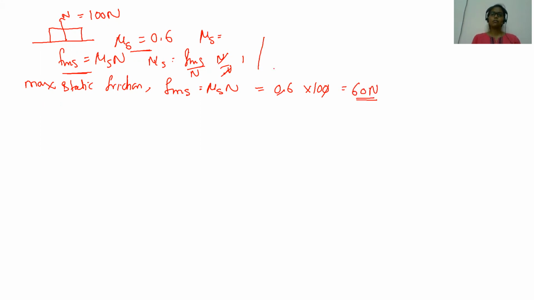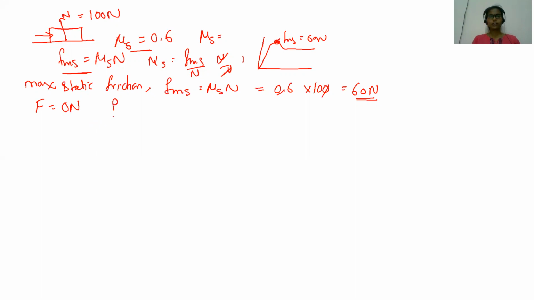That means, as I told you, in the graph, consider the point up to where the static friction goes. Fms is 60 Newton. Now, what is the applied force? The first condition: when the applied force is equal to 0 Newton, then what is the static friction on the block?